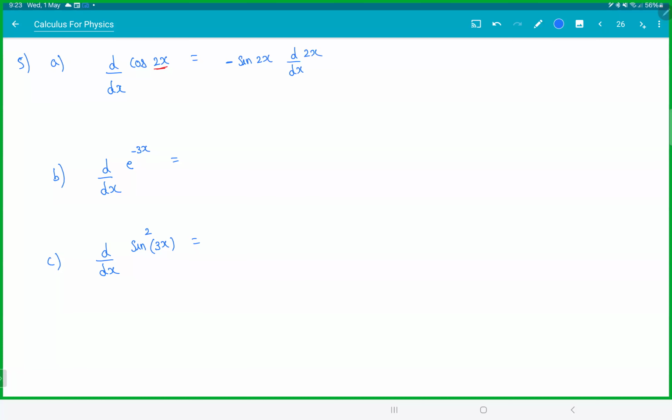Minus sine something. And then differentiate whatever is that something. So the function is 2x here. So 2x's differential is 2, giving minus 2 sine 2x. Check your answer. You didn't get this? Ask me. You're confused? Ask me. So that's what I'm saying. Don't think so much. You do whatever you think is right. Once I show you the answer, you can verify it. You understood, great. You're still confused, ask me.